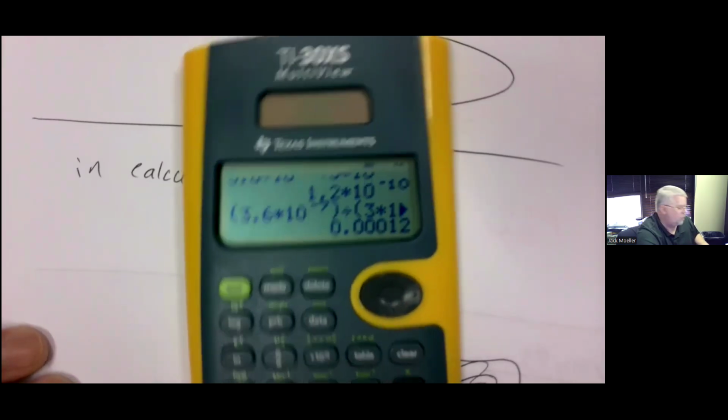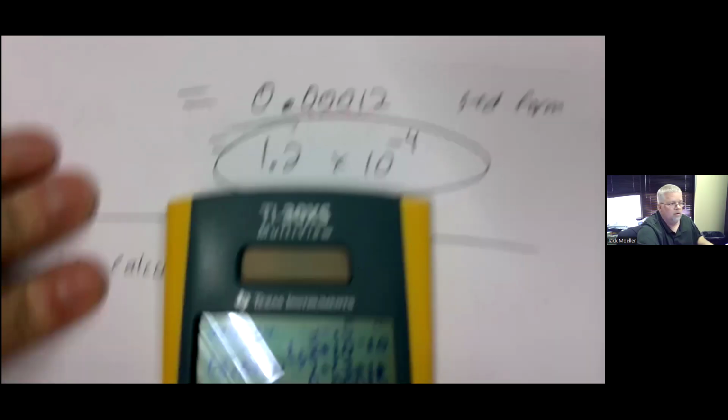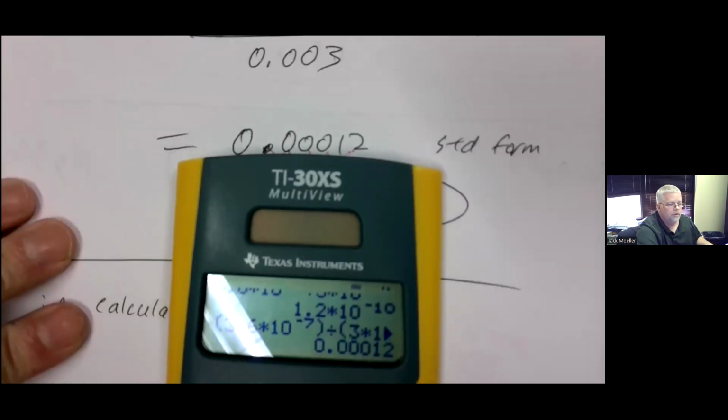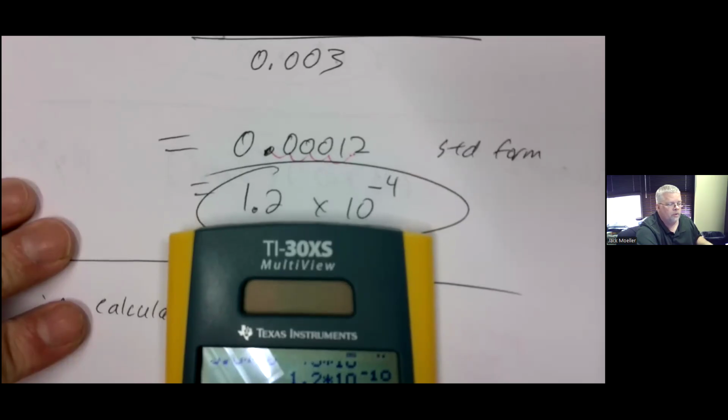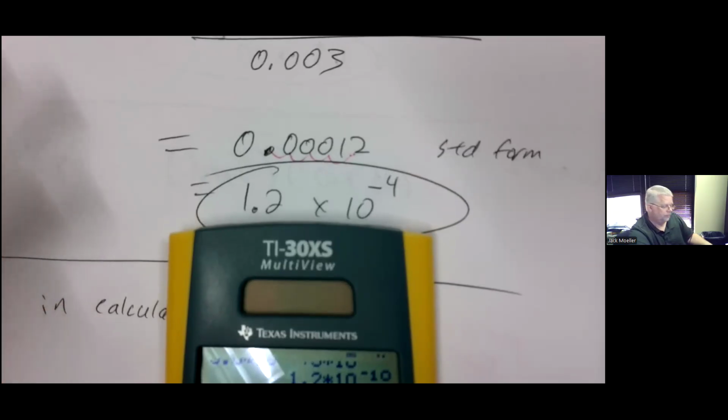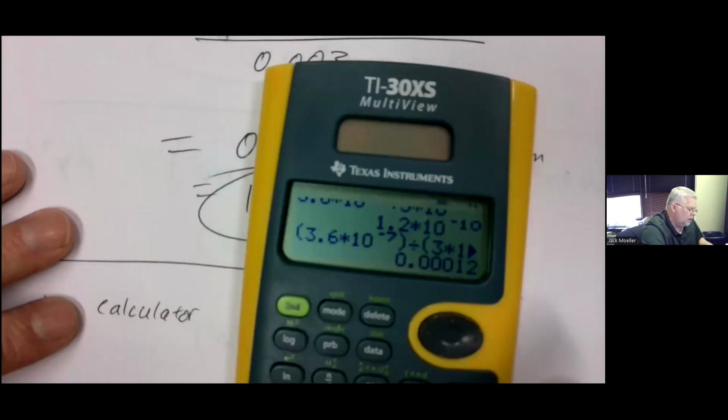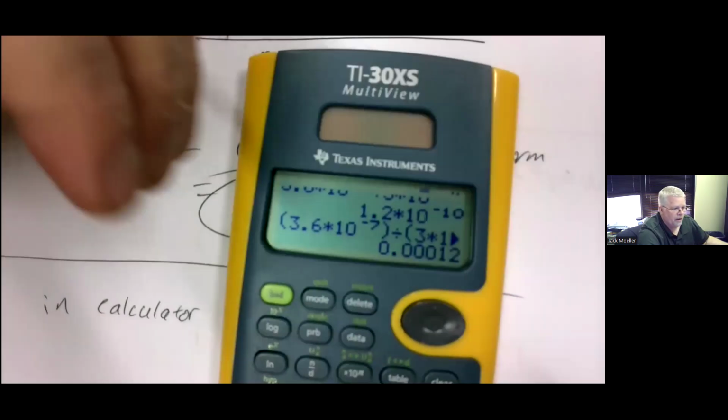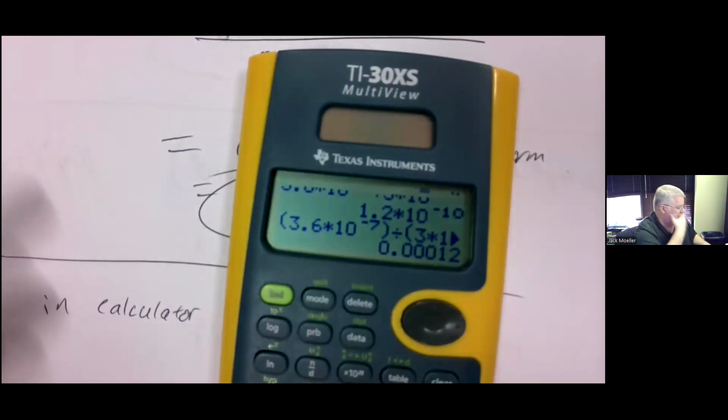That gives us 0.001230, which is what we had before, our 1.2 times 10 to the -4. So parentheses matter. In division problems, they're not going to be there. You have to know to put parentheses around the top and parentheses around the bottom.